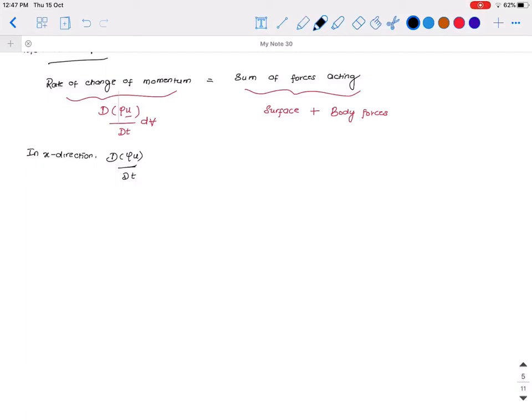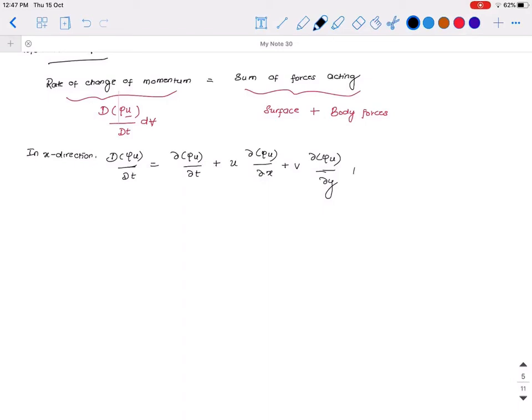So the material derivative of rho u can be written as dou of rho u by dou t, okay, plus u dou of rho u by dou x plus v dou of rho u by dou y. Okay, just for simplicity we will use the two-dimensional version of the equations, and 3D is very straightforward.